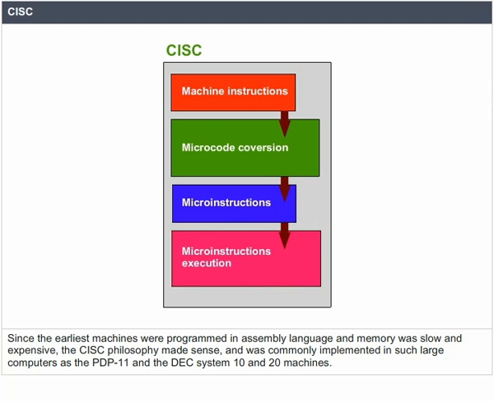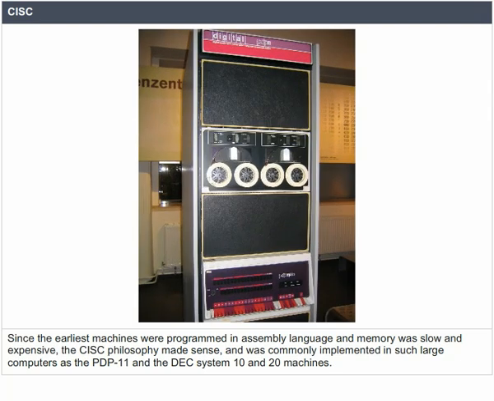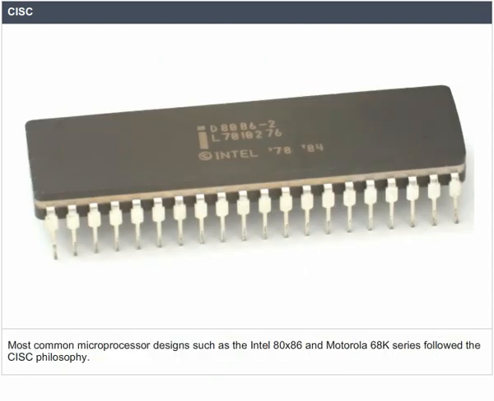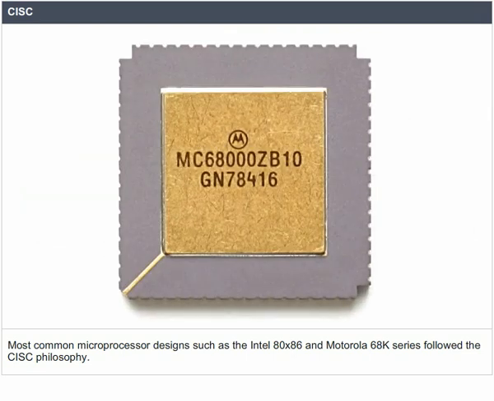Since the earliest machines were programmed in assembly language and memory was slow and expensive, the CISC philosophy made sense and was commonly implemented in such large computers as the PDP-11 and the DEC System 10 and 20 machines. Most common microprocessor designs, such as the Intel 80x86 and Motorola 68K series, followed the CISC philosophy.